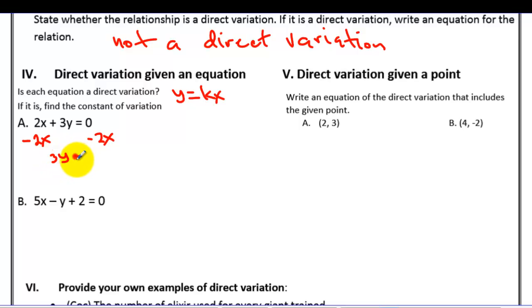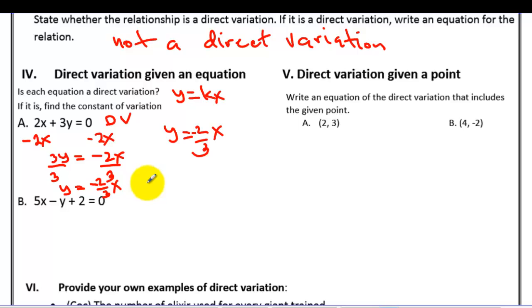We'll get 3y equals negative 2x. Divide both sides by 3, we'll have y equals negative 2/3 x. So let me rewrite this here. In this case, when we solve for y, it is of the form y equals kx. Therefore, it is a direct variation.